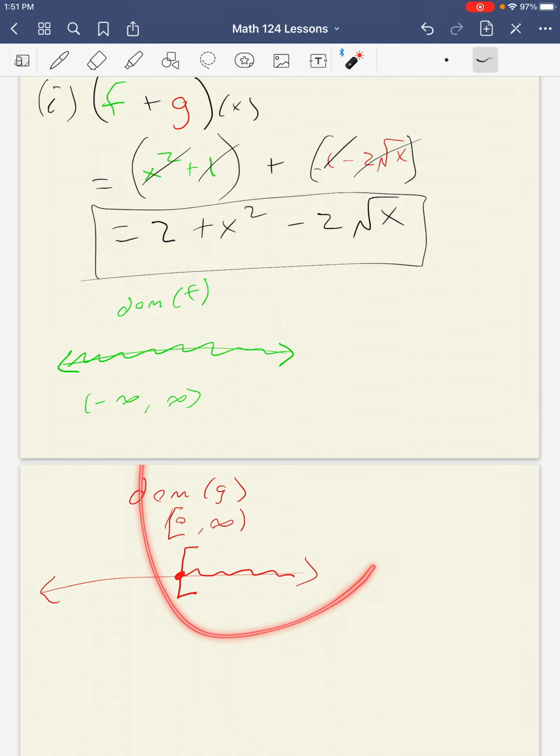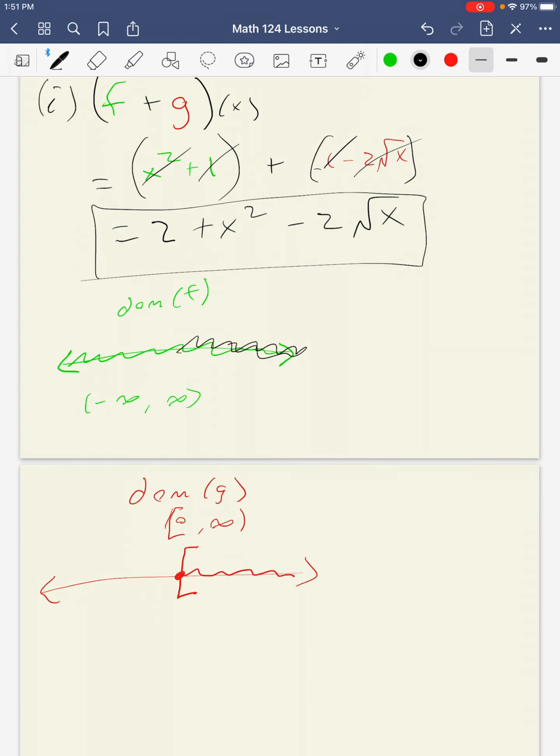Now we look for the overlap here, and as you can see, the overlap is just going to be 0 to infinity. 0 to infinity is on this domain, and it's also on this domain. It's the only time those two domains overlap, or the only time they intersect. And therefore the domain of f plus g is 0 to infinity.